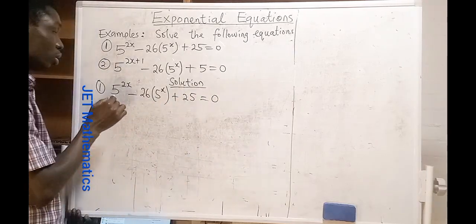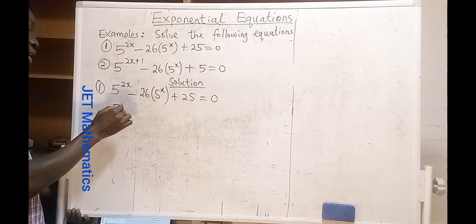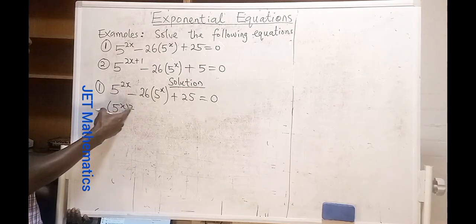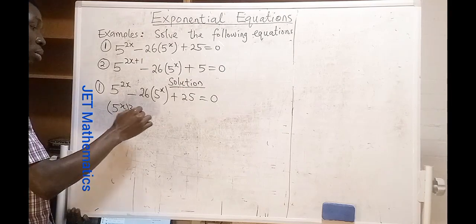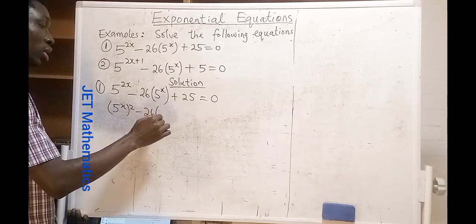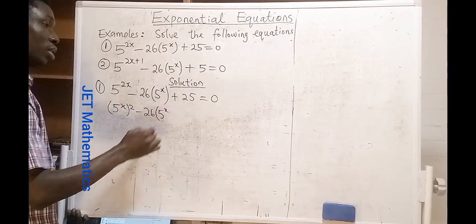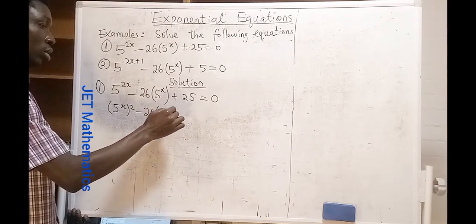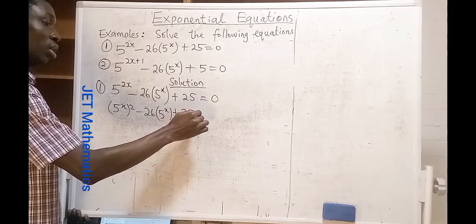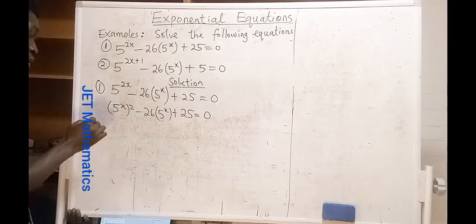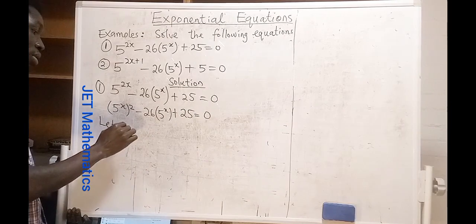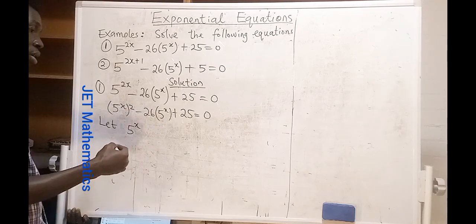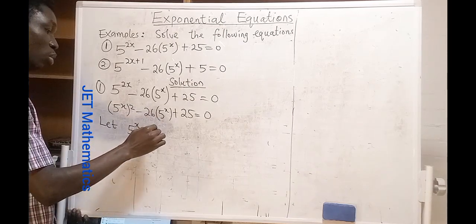Okay, so we can write this as (5^x)^2, because if you do 2 times x, it still gives us 2x, minus 26 times 5 raised to the power of x plus 25 equals 0. So we can say let 5 raised to the power of x, because we have it here, to help us simplify, be equal to y.